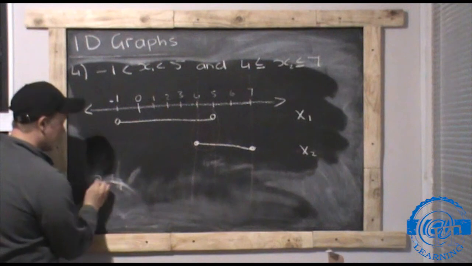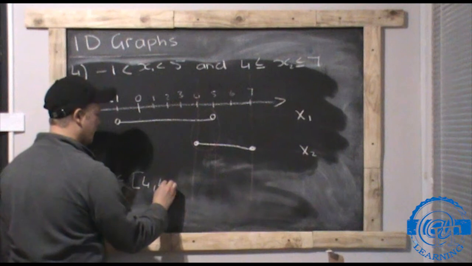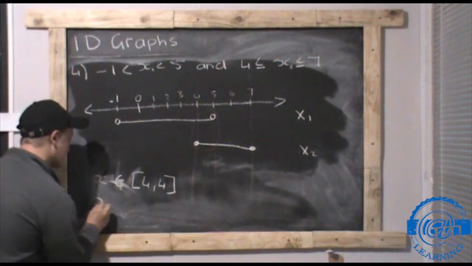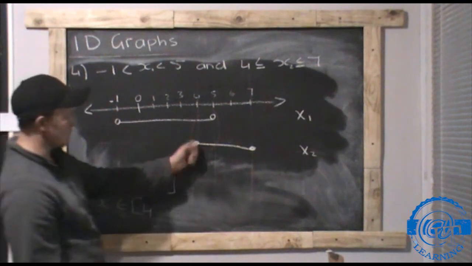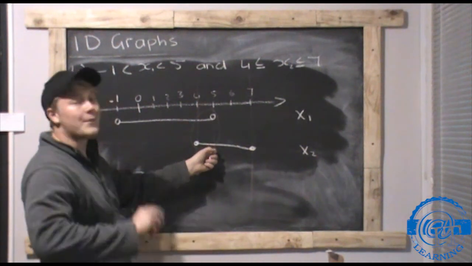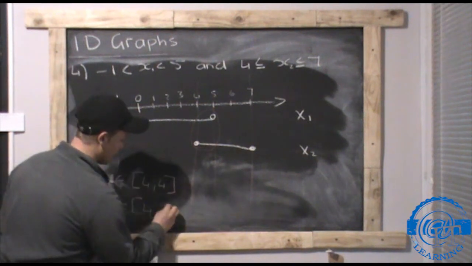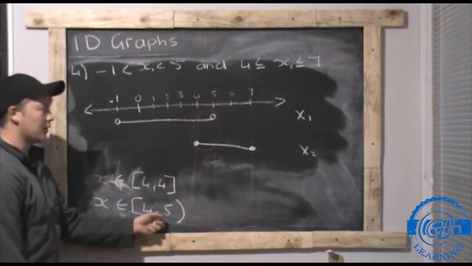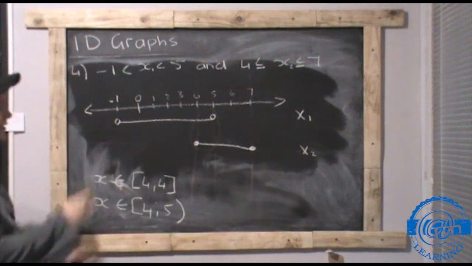So x is an element of 4 to 4, or x is an element of inclusive 4, because 4 is allowed. 5 is part of the range, but it is not included. Once again, I do prefer you guys use the second one, because then you use your whole range of the AND intersection.